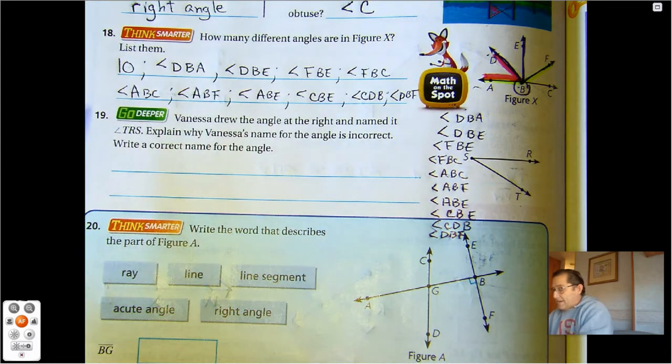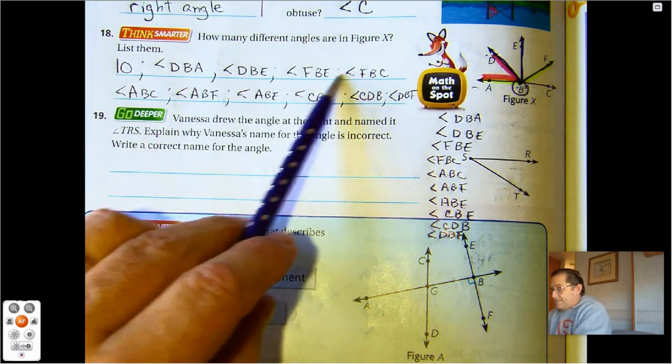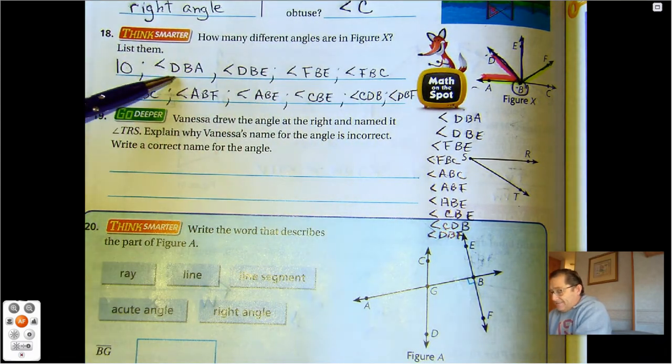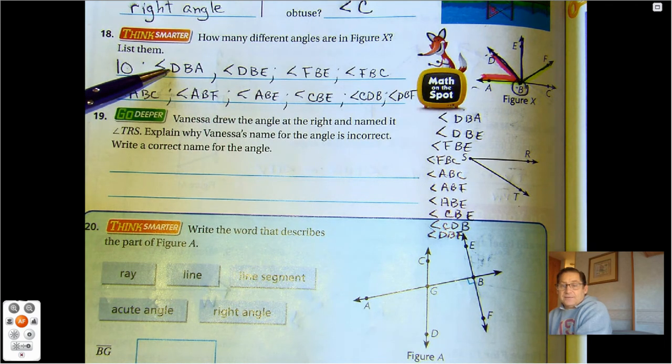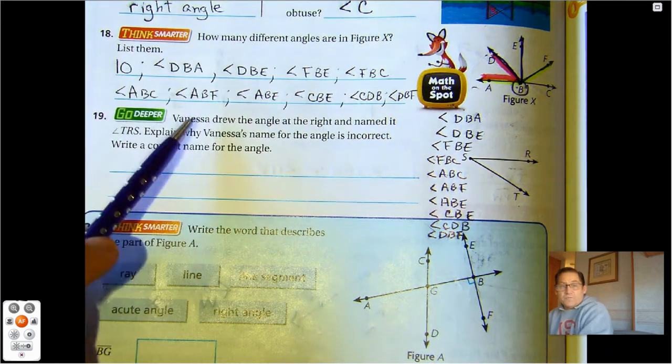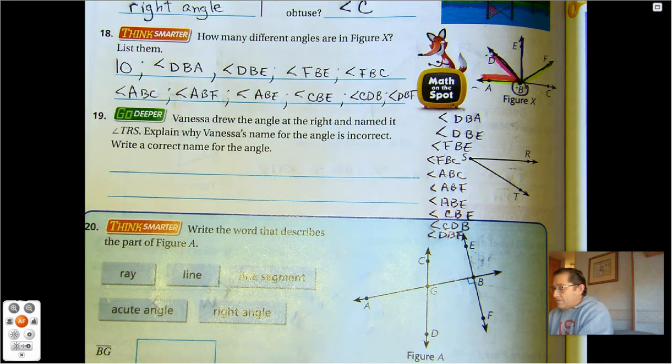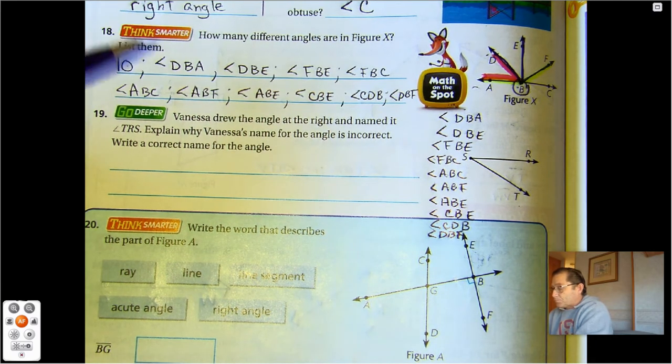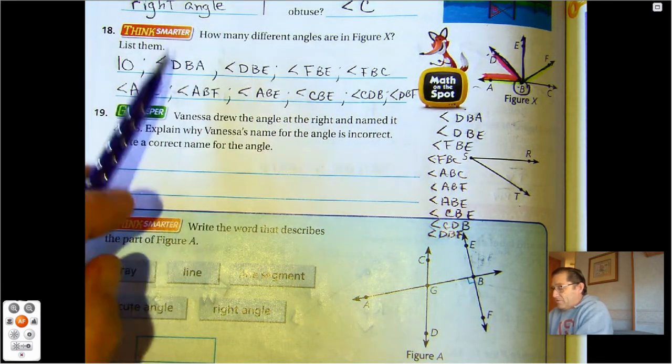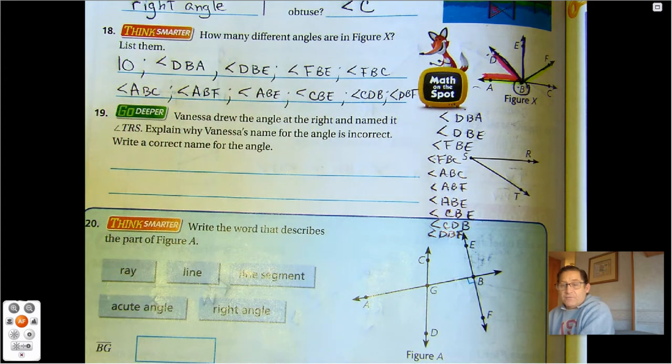Okay, you'll notice I don't have an angle ABD, but this is angle ABD. So how I named them is just one possibility. Okay, so remember that each angle can be read technically 3 different ways.